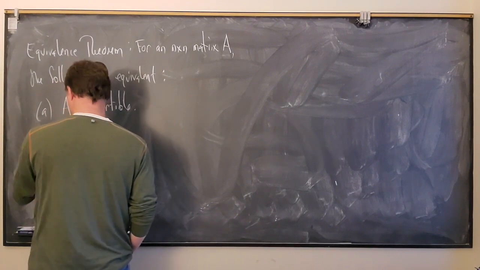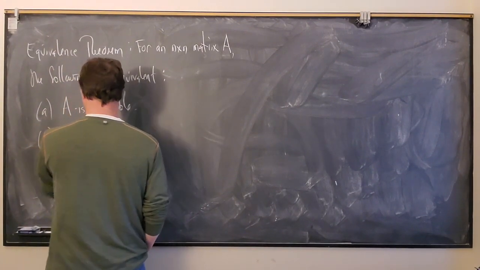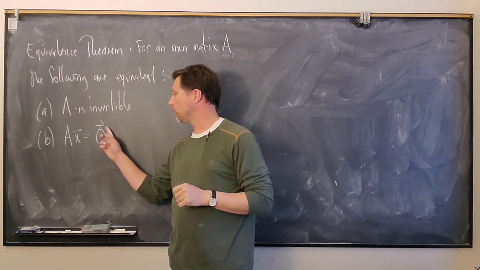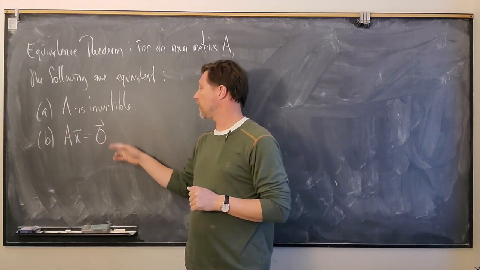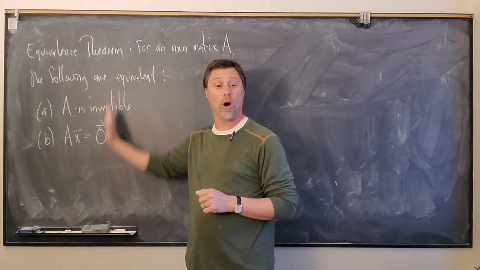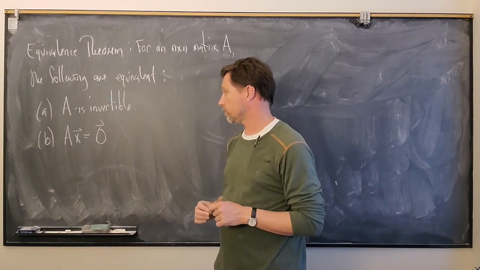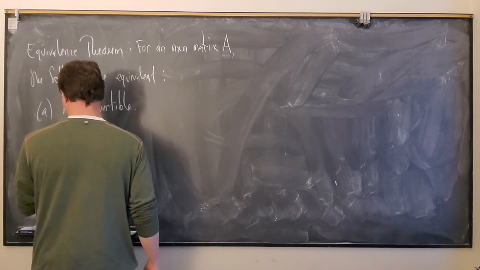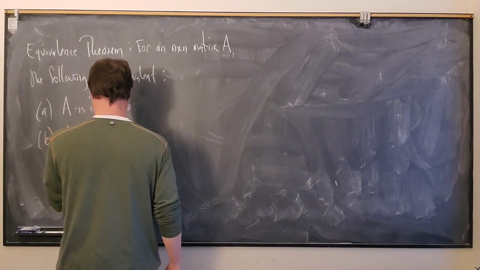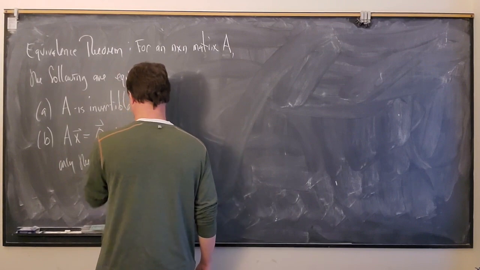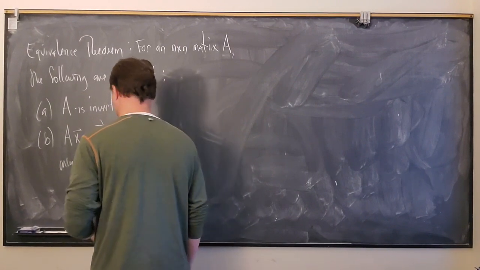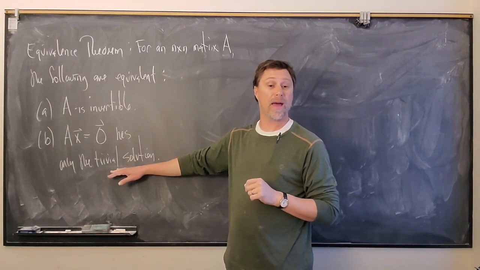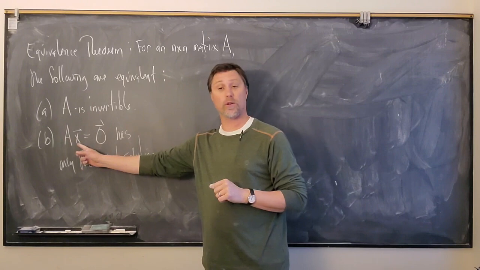Part B: the matrix equation AX equals the 0 vector. When I put boldface around the number 0, it means the column vector consisting of all zeros. So AX equals 0 has only the trivial solution. When we say trivial solution, remember that means all entries of x are equal to 0.